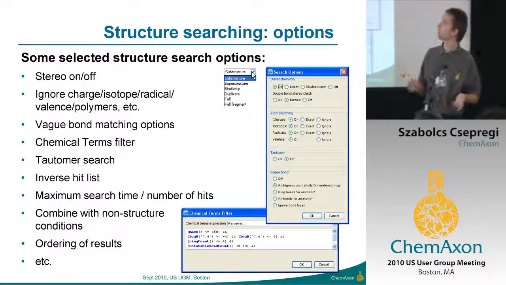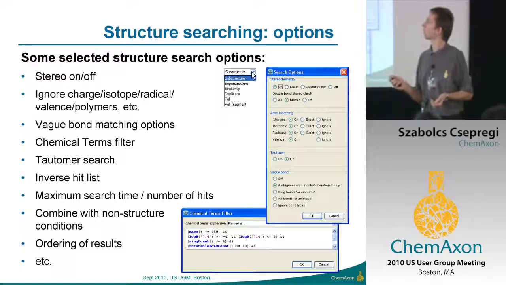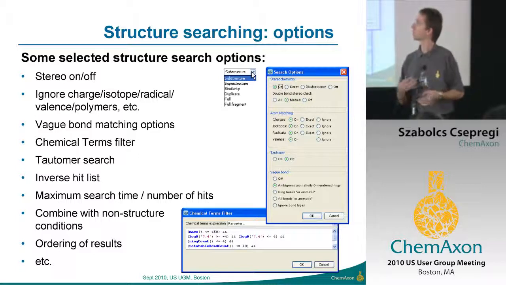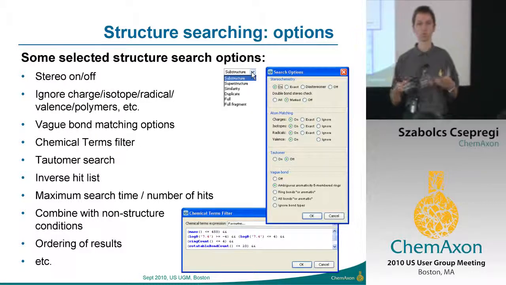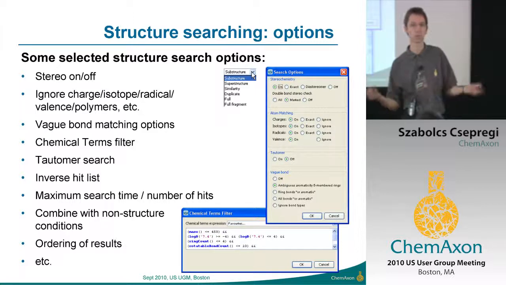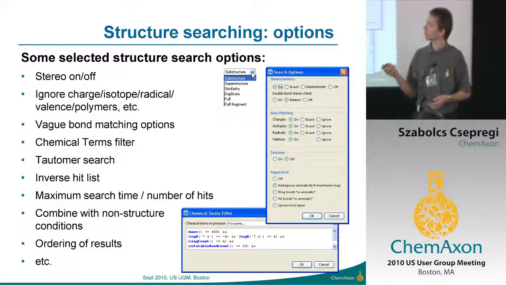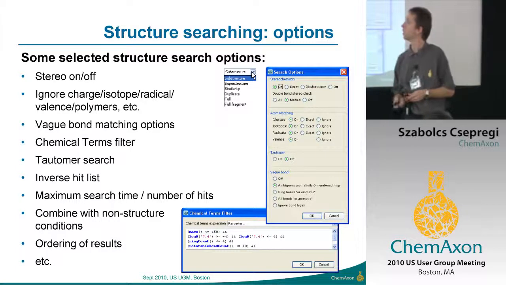So the stereochemistry can be switched on and off, and we can ignore different features on the molecules, charges, isotopes, and so on. We have different levels of weak bond options. It can allow, for example, to ignore all the bond types, or to allow to match all the ring bonds to aromatic bonds, and so on.